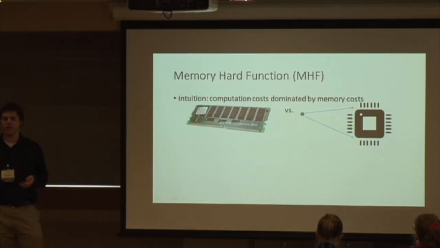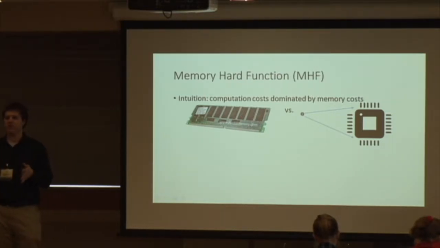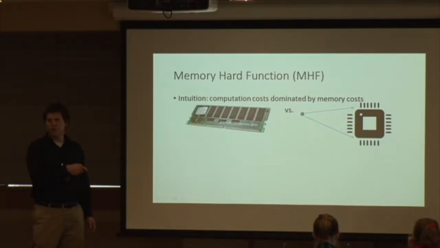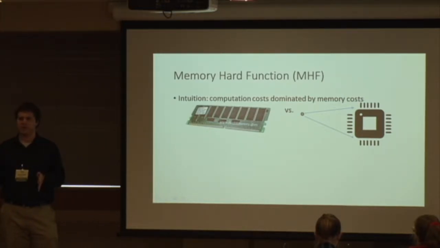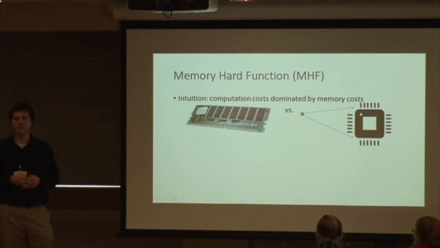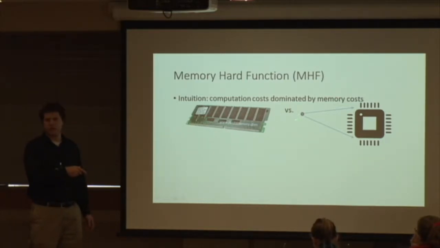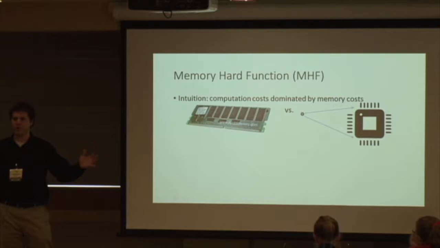So if you think back to password-based key derivation function where we were just computing SHA-256 100,000 times, effectively we're locking up a tiny core on a circuit for a fraction of a second to do that computation. If instead we have a function whose computation requires lots and lots of memory, then we're requiring the attacker not just to lock up a tiny core on the circuit, but also to lock up a very large block of memory.